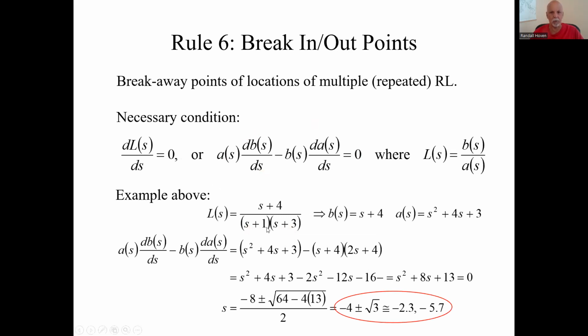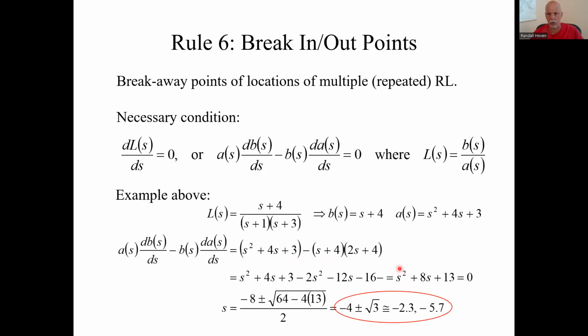So here's our example. The numerator is B, so that's S plus 4. The denominator is this guy. Multiply that out, it's S squared plus 4S plus 3. Apply this formula. Let's see. A, S squared plus 4S plus 3, times the derivative of B, which is just 1, minus B, which is S plus 4, and the derivative of this A, which is going to be 2S plus 4.